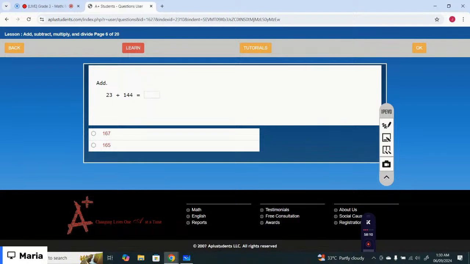Okay, then add 23 plus 144. So which is the correct option? You simply have to add, right? 23 plus 144 equals 167.